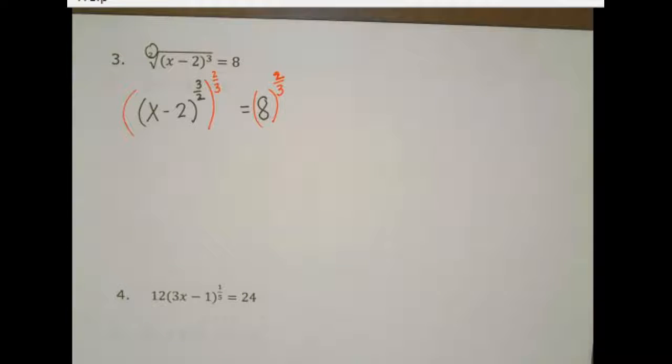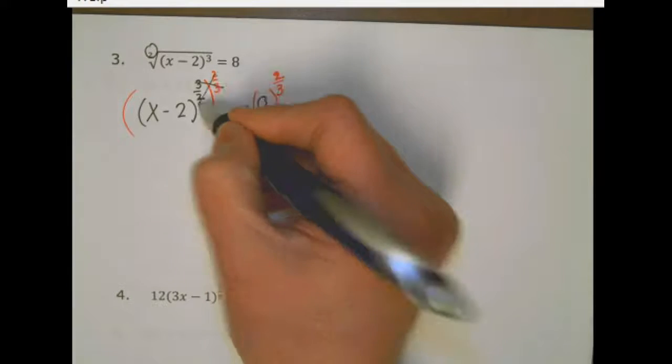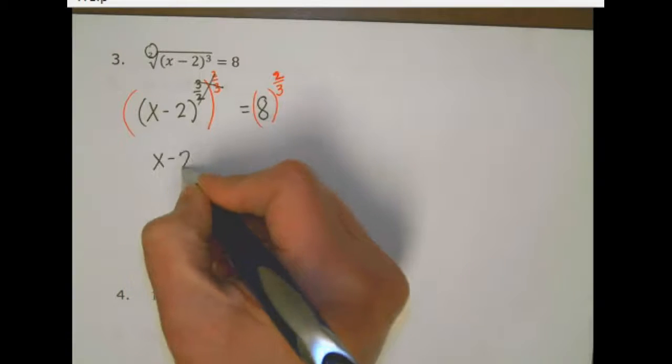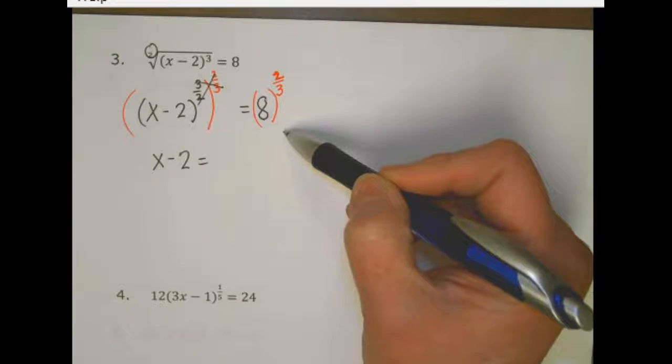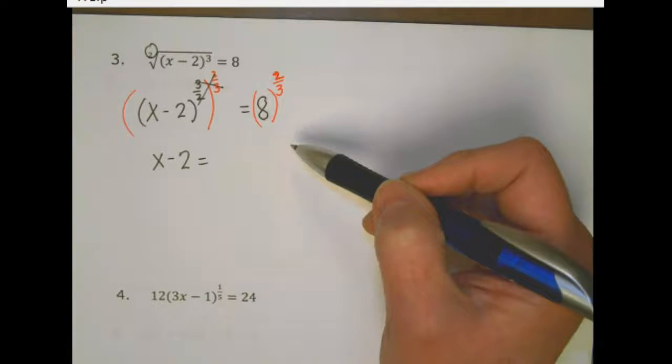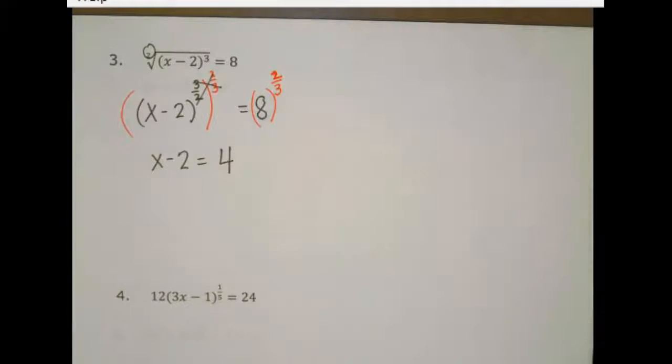And so that's going to cancel out the 3's, cancel out the 2's, and that's going to be x minus 2 on this side. And you can put that one in your calculator. When you put it in the calculator, you must have parentheses around the 2/3. And so that's going to be equal to 4. Does your calculator tell you 4?